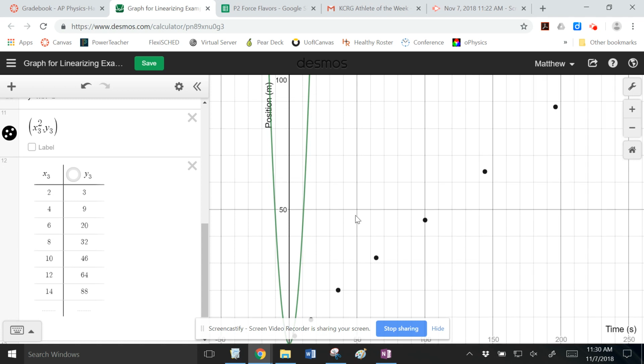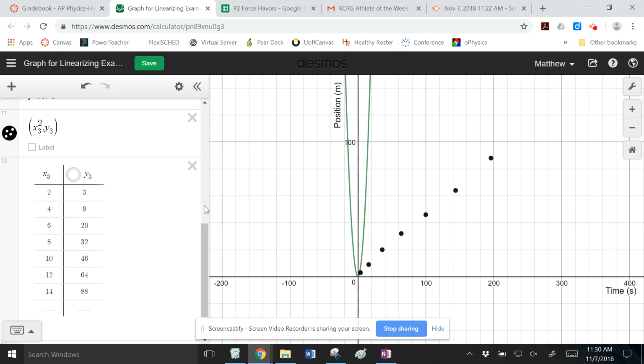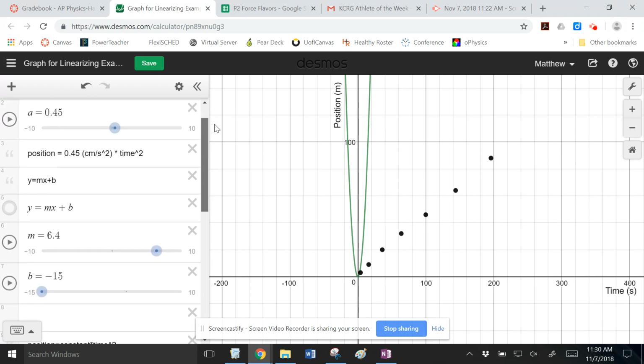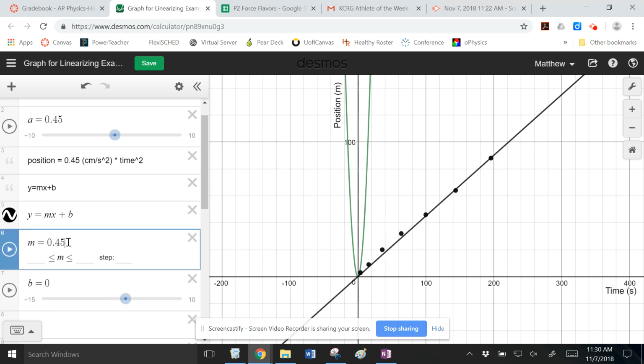And now when we look at it, it looks like a line. And now I'm going to turn this back on. B looks like it wants to be right about there. And here's that m. Again, in my quadratic equation, I had 0.45, and in this it looks best if I have 0.45 as well.